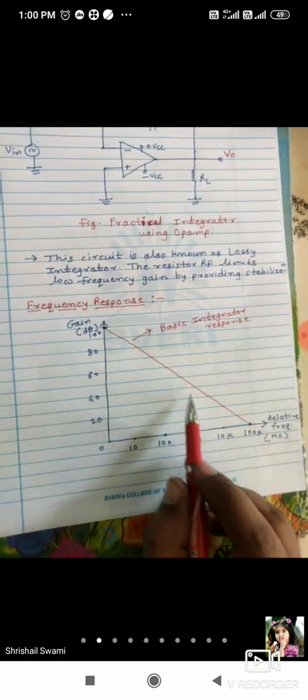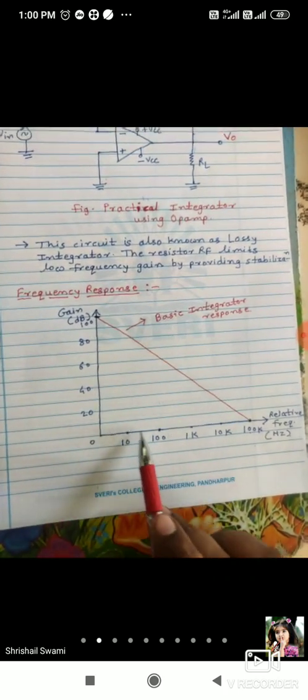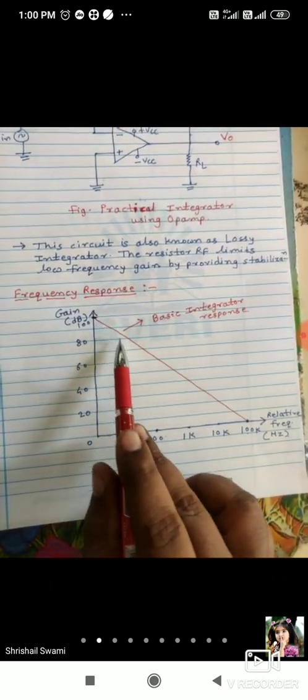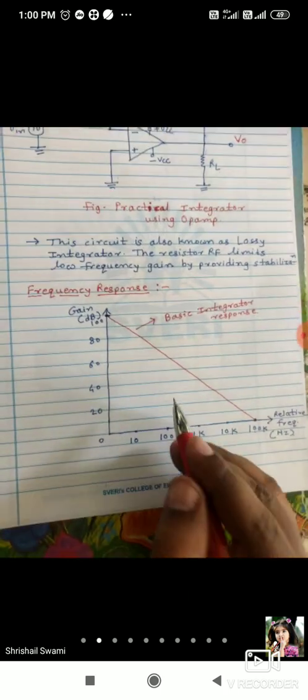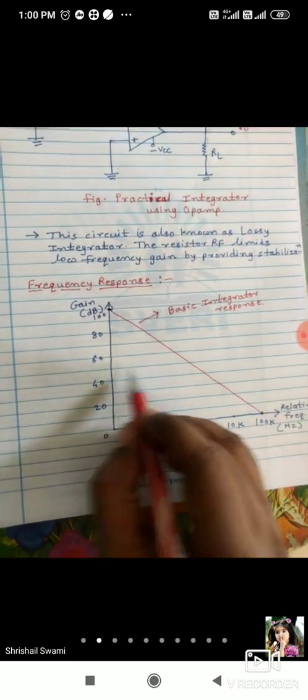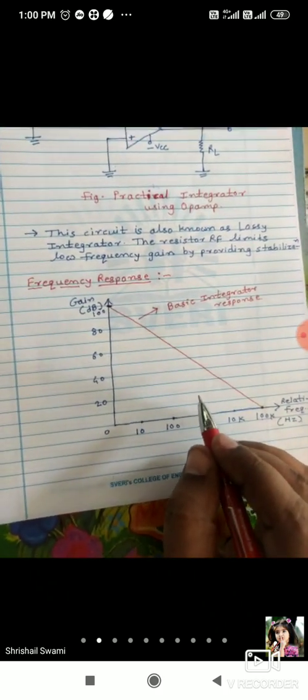If you are observing this response, as soon as the frequency increases, the gain also decreases, at a constant rate. But if you are using the practical integrator, then for a certain frequency range the gain remains constant. So that we are going to try to understand.